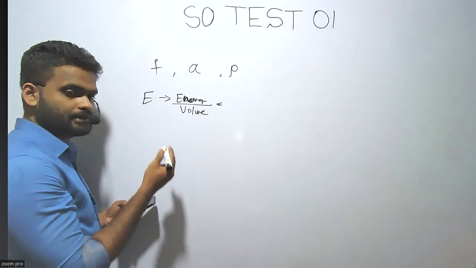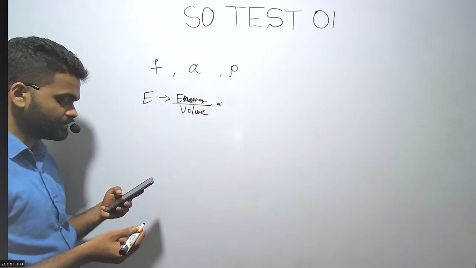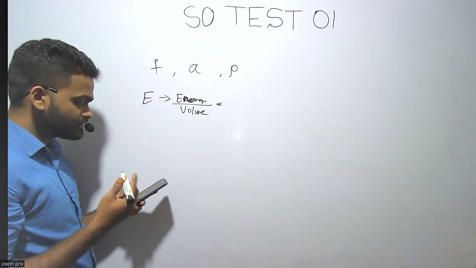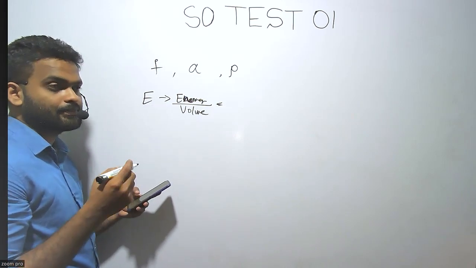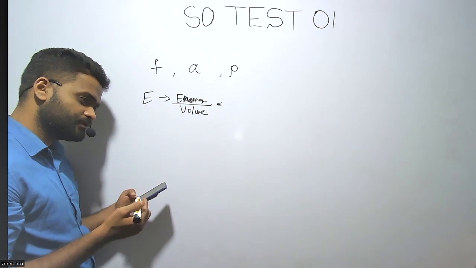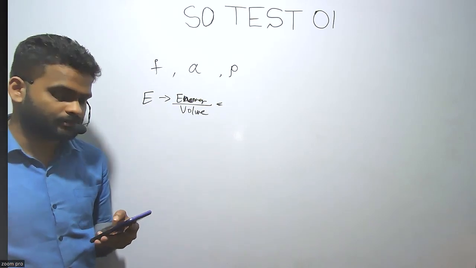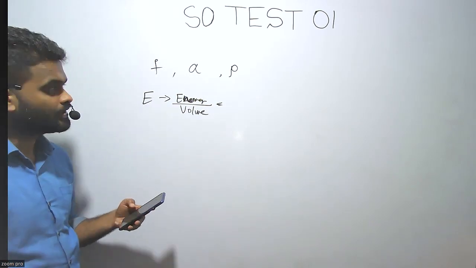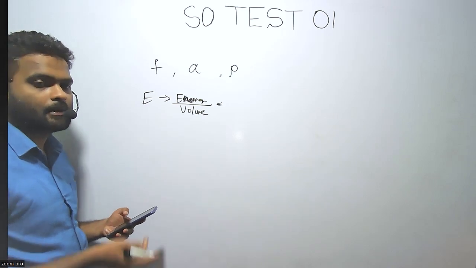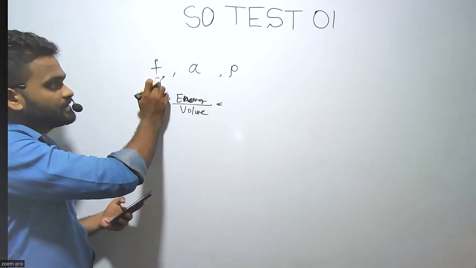So we have been given three options A, B, C. They ask which one measures the same thing, energy per unit volume, from these equations. So before doing that, you need to know these quantities clearly.